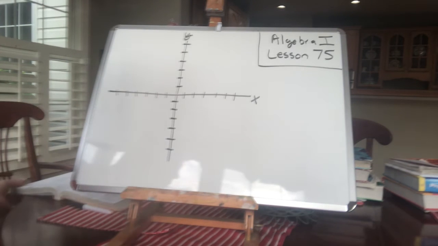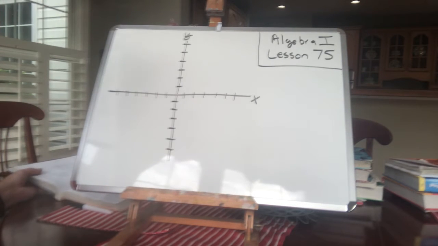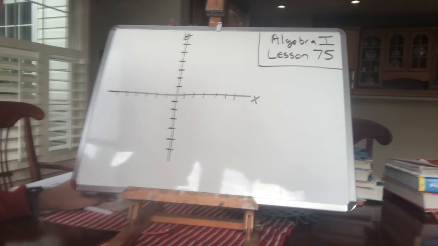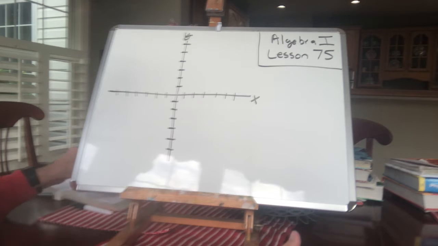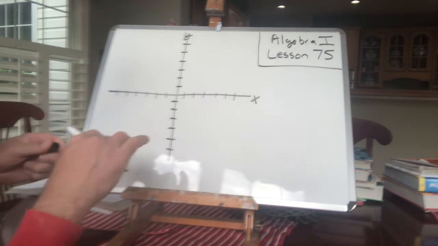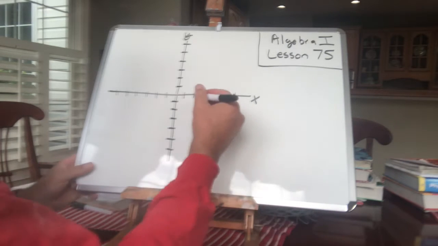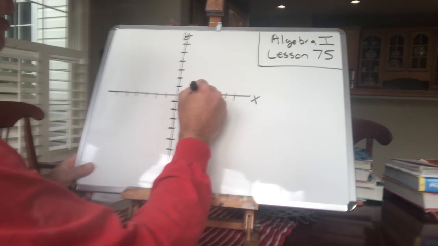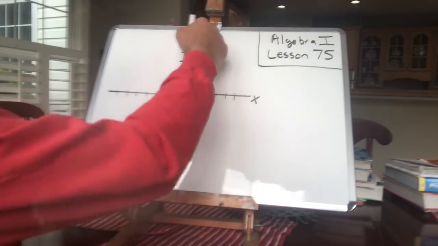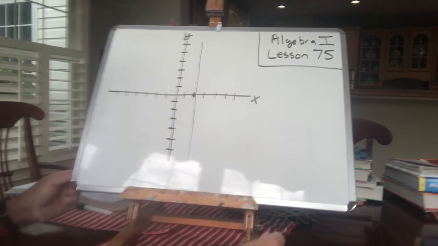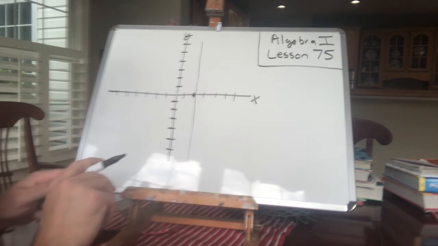We're going to be going over lesson 75, which is writing the equation of a line and also the slope-intercept method of graphing. A lot of these things you guys already know. If x equaled 2, this is the x-axis and y-axis, and this line right here would be a vertical line if it only said x equals 2.